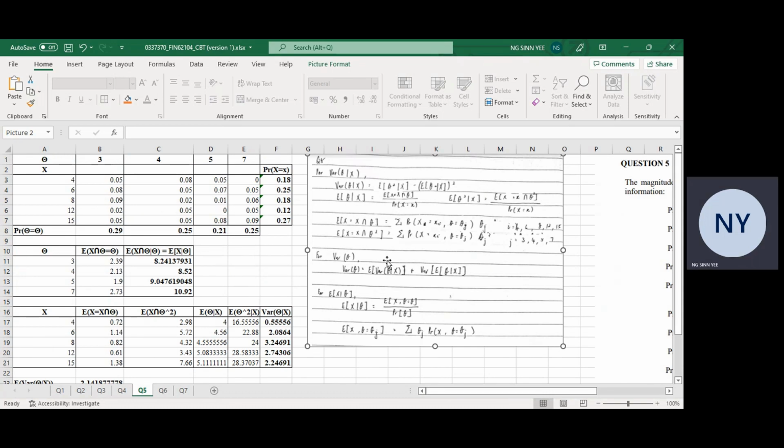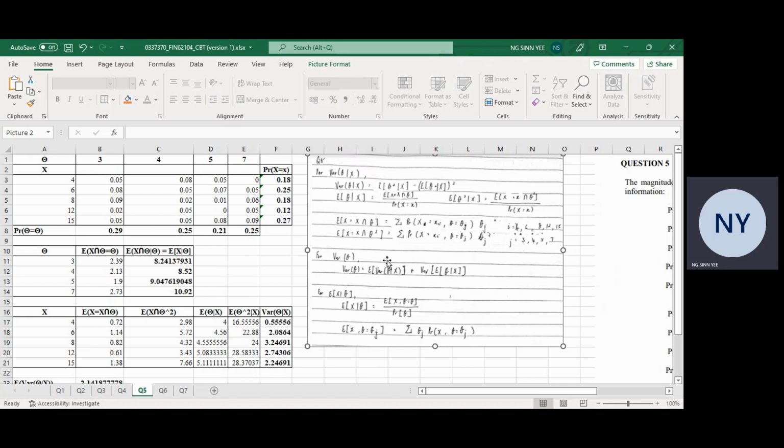Finding the conditional variance of theta given x is relatively easy, because we only need to find the expected value of theta squared given x and the expected value of theta given x. After that, we take the expected value of theta squared given x minus the square of the expected value of theta given x.